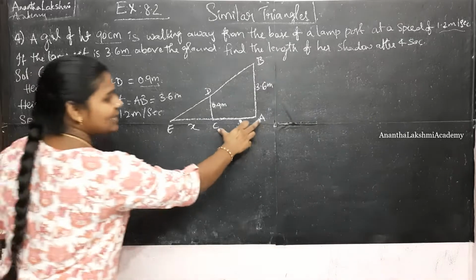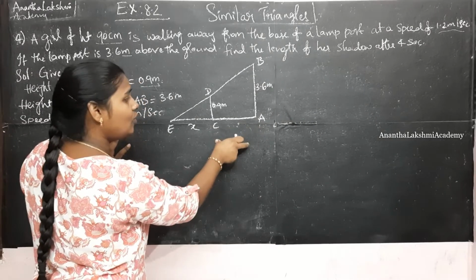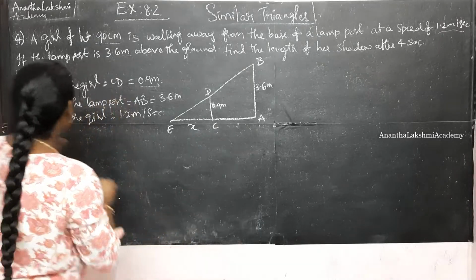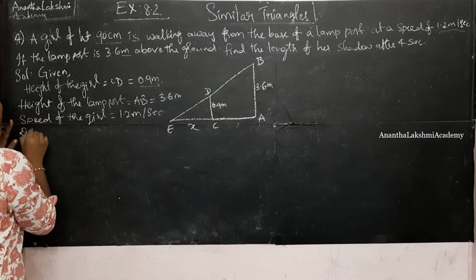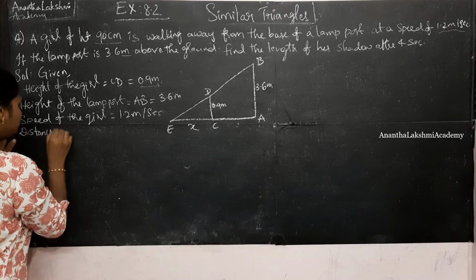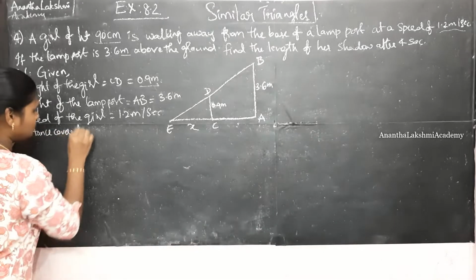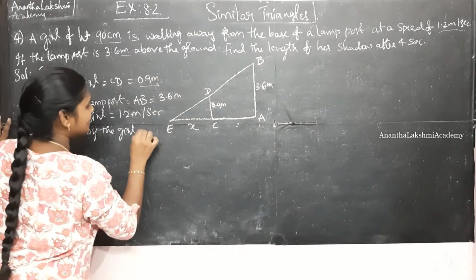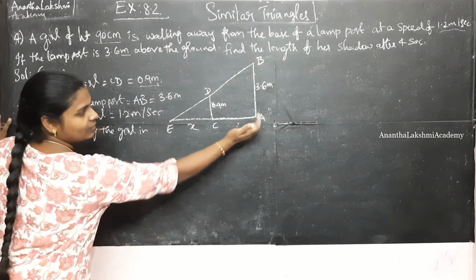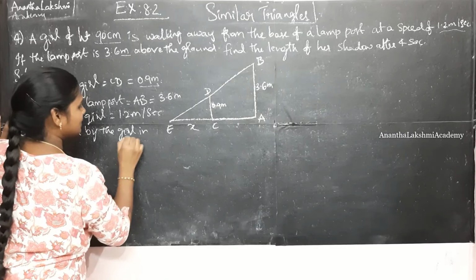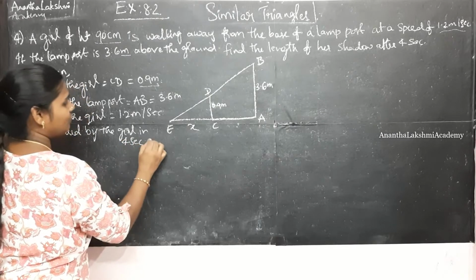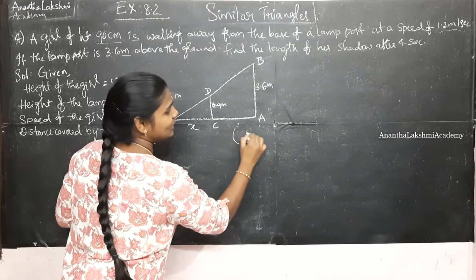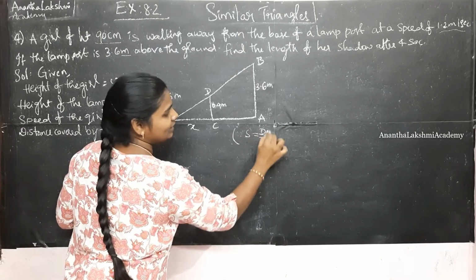So in order to get AC, we need to know the distance covered by the girl. So this is going to be the distance covered by the girl in how many seconds? She walked here from A to C in 4 seconds. Speed is equal to distance by time.